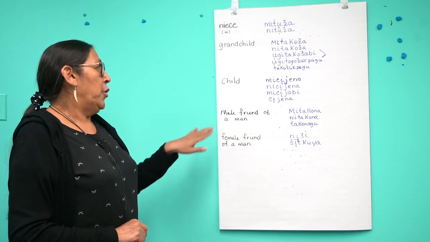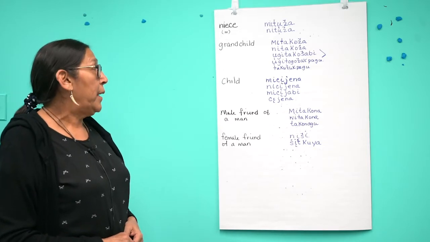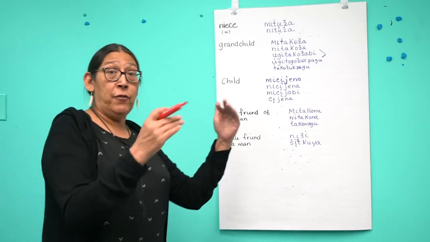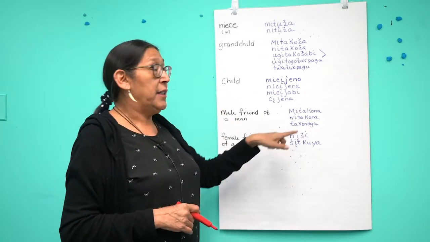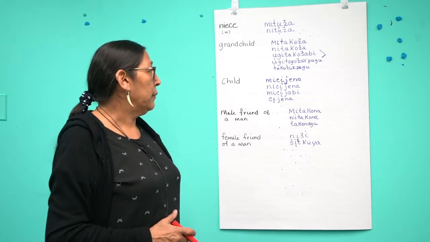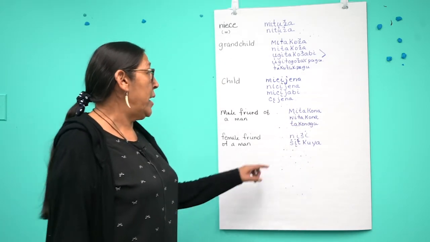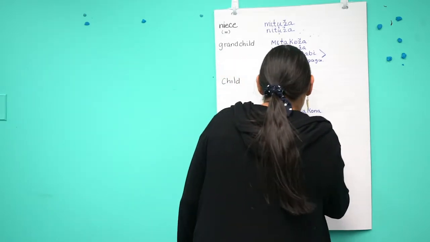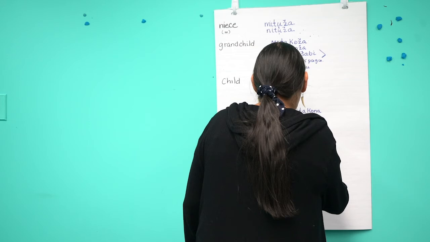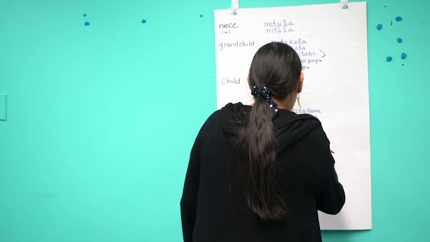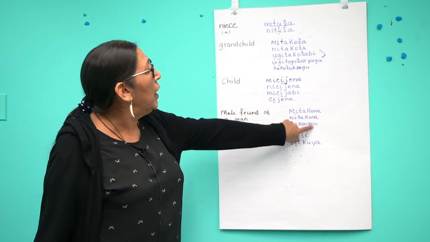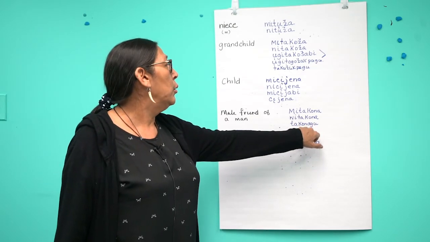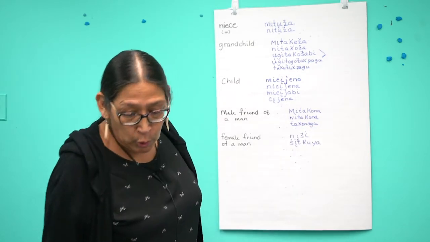Now, if you're a male friend of a man, he is your mitakona. That's man-to-man friend. If he's your friend, then he's your nitakona. But if he's his or her friend, he's tokanagu. I'm not saying it right.